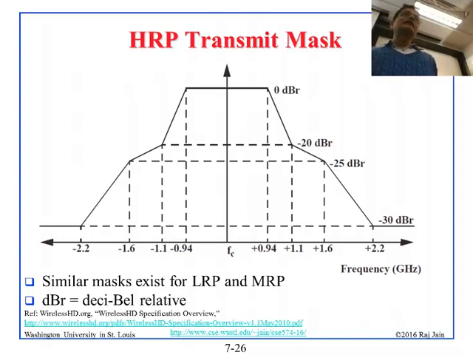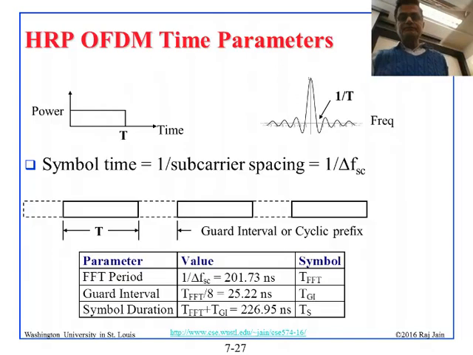If it is outside of this, then you are not following the standard. And if nothing else, now you know what dBr is, decibel relative, and how they keep decreasing the power slowly as you go out of the band.